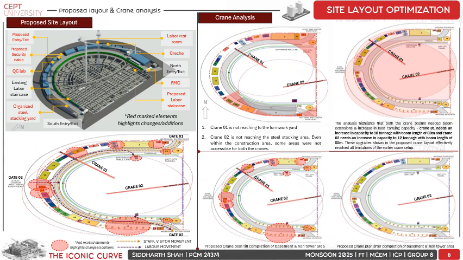We have also concluded that once basement 1 is executed, based on the proposed cranes, only one crane, which is crane 2, will be needed for the execution activities of the ground floor till the 31st floor.